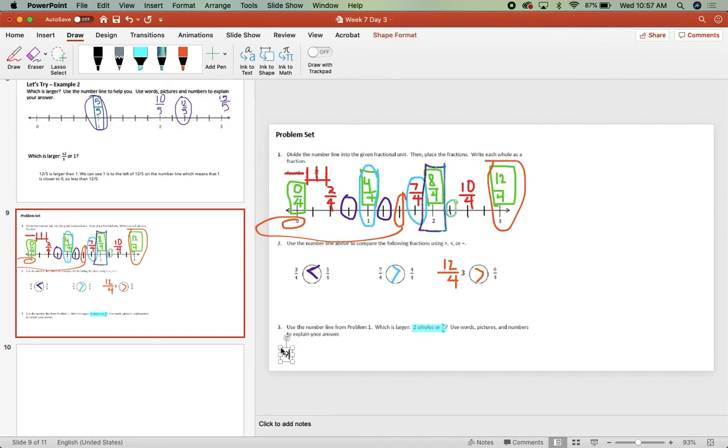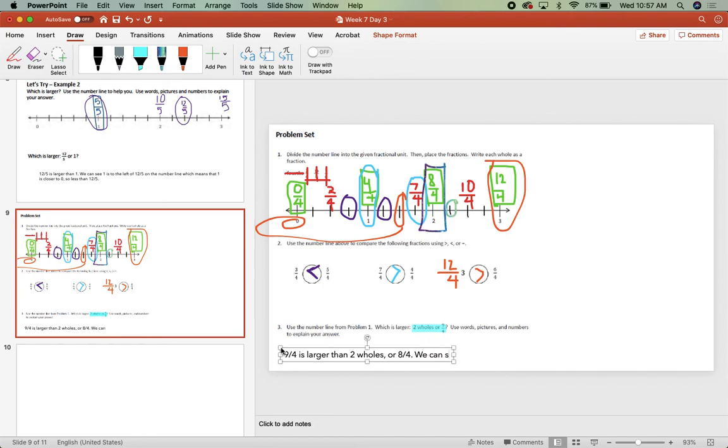9/4 is larger than 2 wholes. And you could even get fancy here and say, or 8/4, because they're the same. Could let them know I know they're the same.